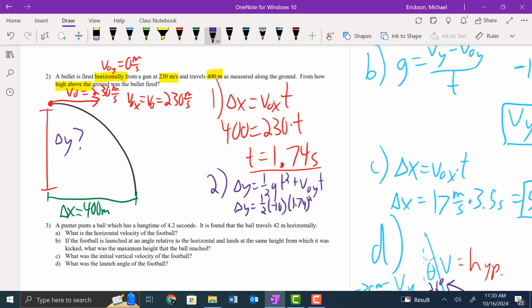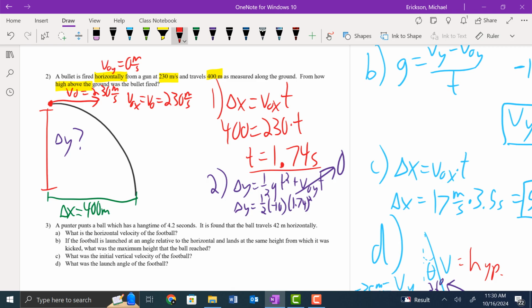And I use -10 just to make the numbers easier. Plus V naught y t. Now, I can make this 0 times 1.74, but I just want to emphasize this whole thing is just 0, right? If this is 0, I can just say 0. I can ignore it. It's gone. It's out of there.